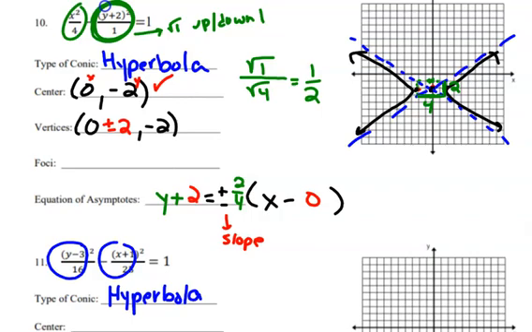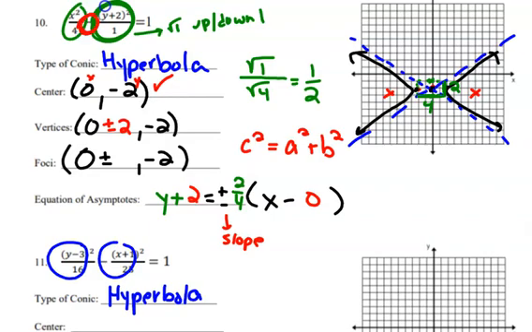Okay, finally, the foci. So for the foci, we know the foci have to go in here somewhere. So it's going to affect the x's. Again, I'm going to that center, I'm going to go right, left for the foci, and I'm going to add and subtract c. Well, this time it is a squared plus b squared.